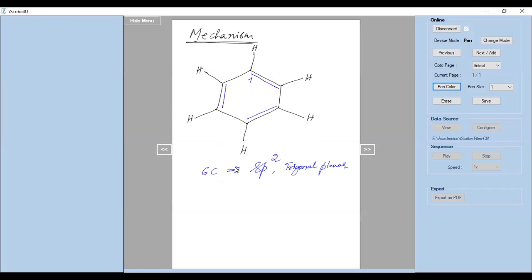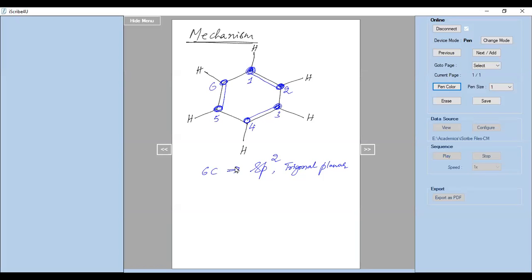I'm going to represent this carbon as 1, this carbon as 2, this as 3, this as 4, this is 5, and this is 6, just for understanding the mechanism.